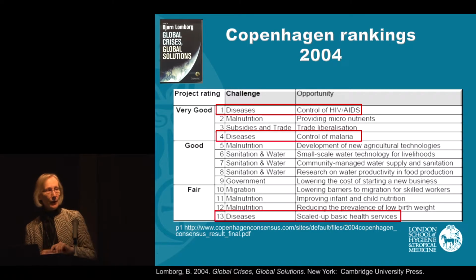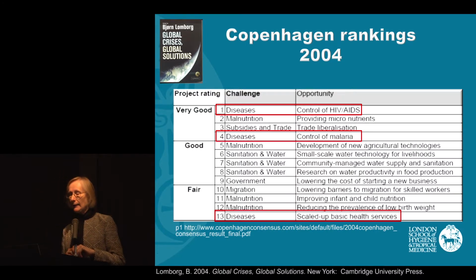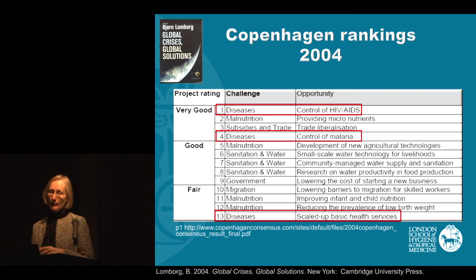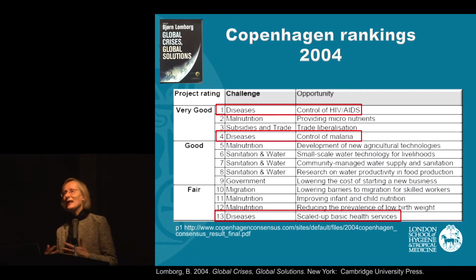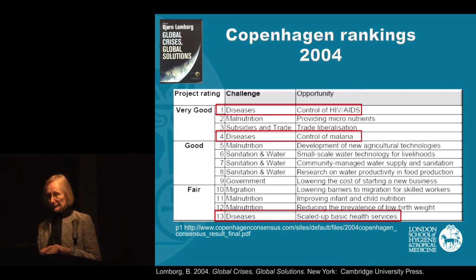But just to comment on the last one there, scaled up basic health services, I included that because, as we all know, diseases aren't addressed one by one within a health system. They're addressed as part of an overall structure of services. And that basic health services, primary health care, whatever you want to call it, are in the end how all of these disease-specific interventions are delivered.